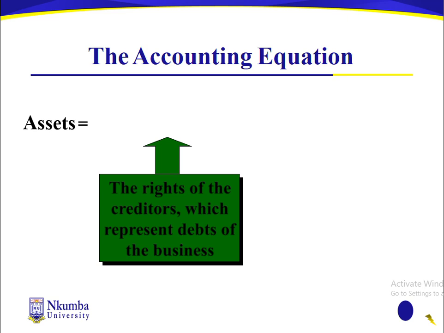So we ask, how did you acquire these assets? What was the source? What resources did you use to acquire these assets? And one of the things we look at here, we look at two things, but one of them we could say, did you get these assets from liabilities? Did you acquire a loan from some institution or an individual?